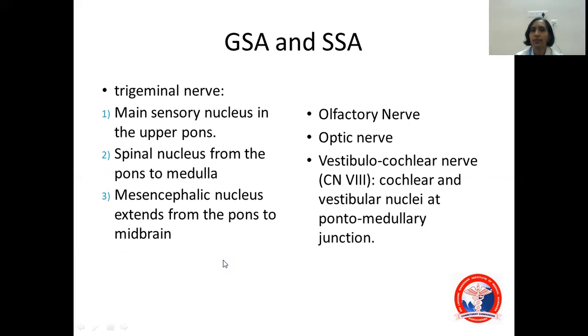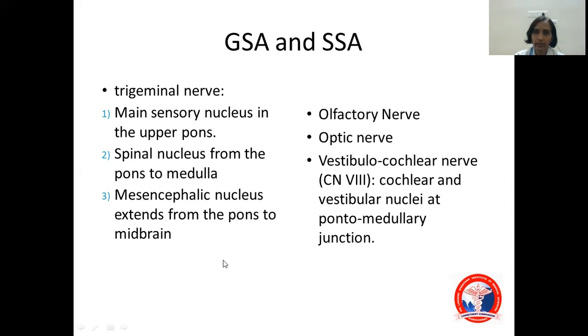These are arising from the main sensory nucleus and the spinal nucleus, respectively from the upper pons and the spinal nucleus being from the pons and the medulla. The mesencephalic nucleus extends from pons to the midbrain. The special sensory afferent component is represented in olfactory and optic nerve.